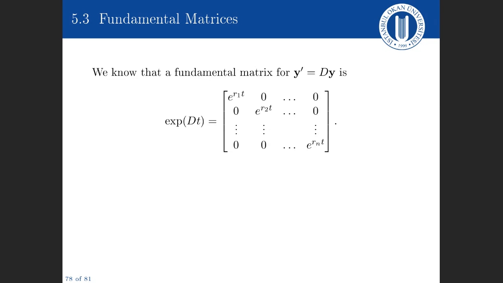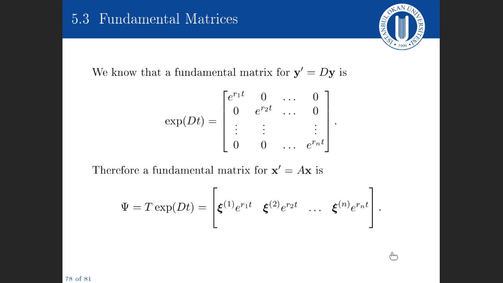We know a fundamental matrix for y prime is equal to Dy. We know that this is exponential Dt, and we can write down this straight away. It's the diagonal matrix where the elements on the main diagonal are e to the power r1t, e to the power r2t, etc. Therefore, a fundamental matrix for the equation that we started with, we can get by multiplying on the left by T. Because if you remember, x is equal to Ty.